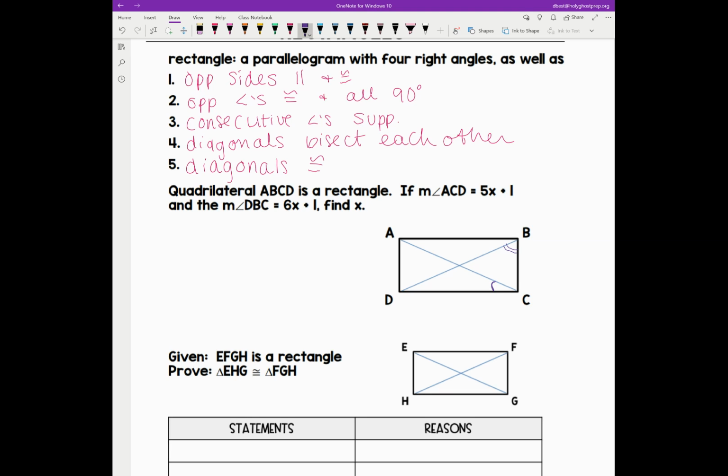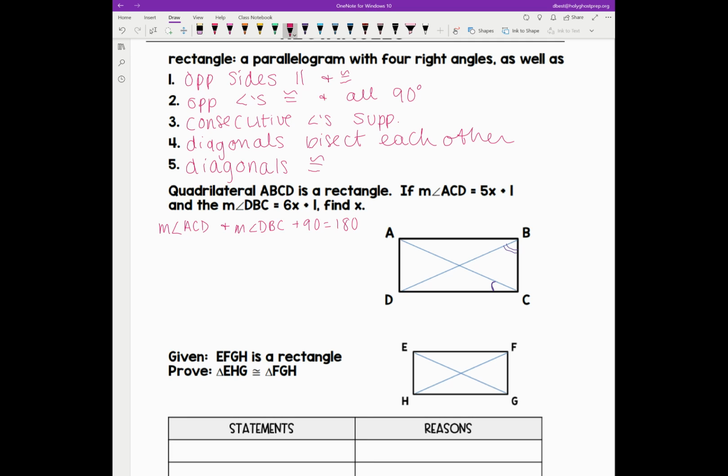And what we can do is set this equal to 180 by saying the measure of angle ACD plus the measure of angle DBC plus 90 equals 180.